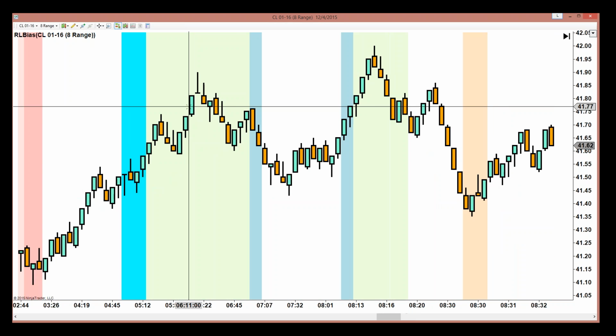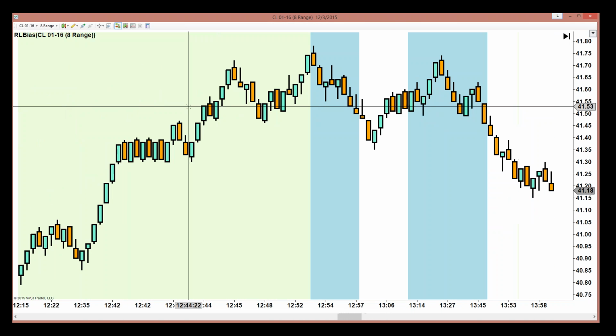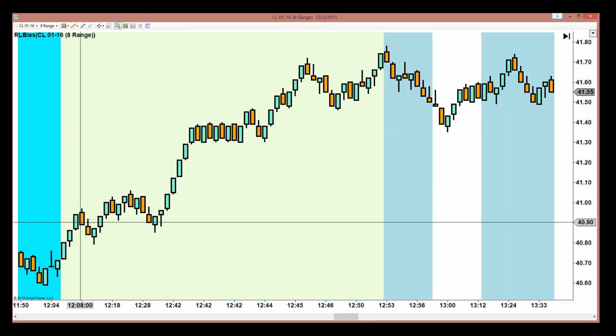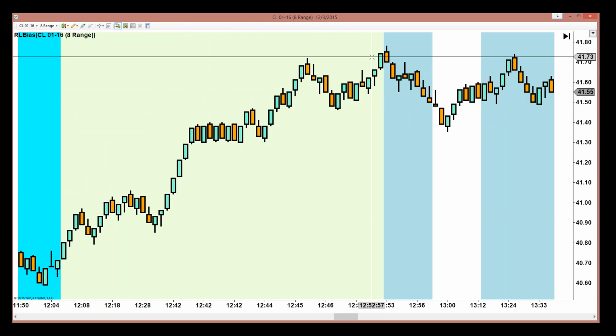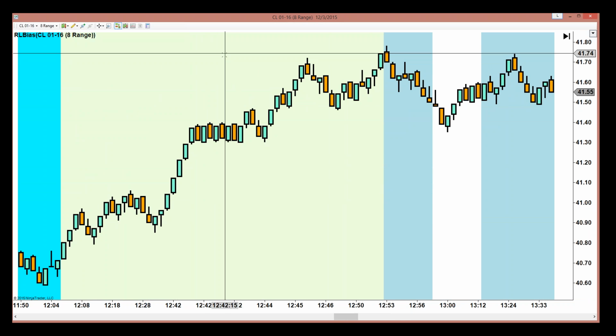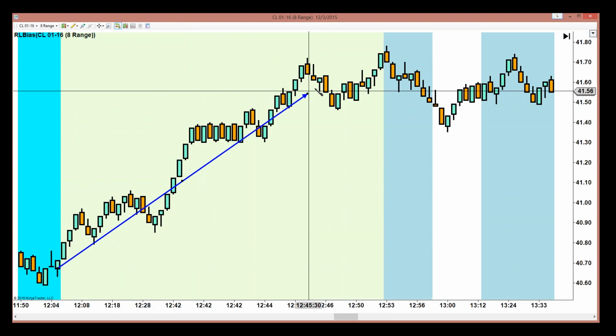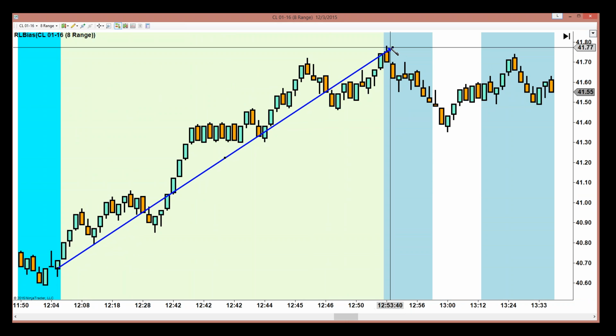And you have the same thing to the upside, right here. Here, the 50 and the 15 are moving to the upside. Price has broken all resistance to the upside.